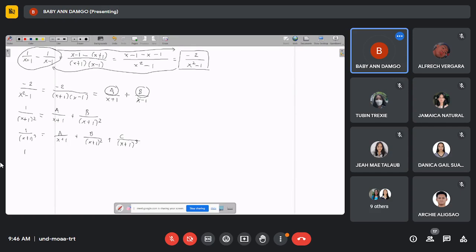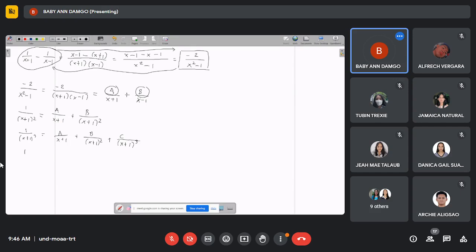So this can be written as ax plus b over x squared plus x plus 1, plus cx plus d all over x squared minus x plus 1. And then solve for a, b, c, and d.